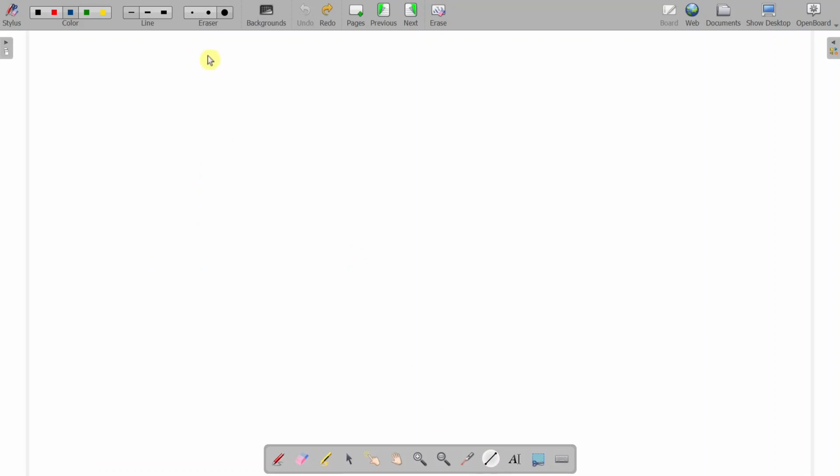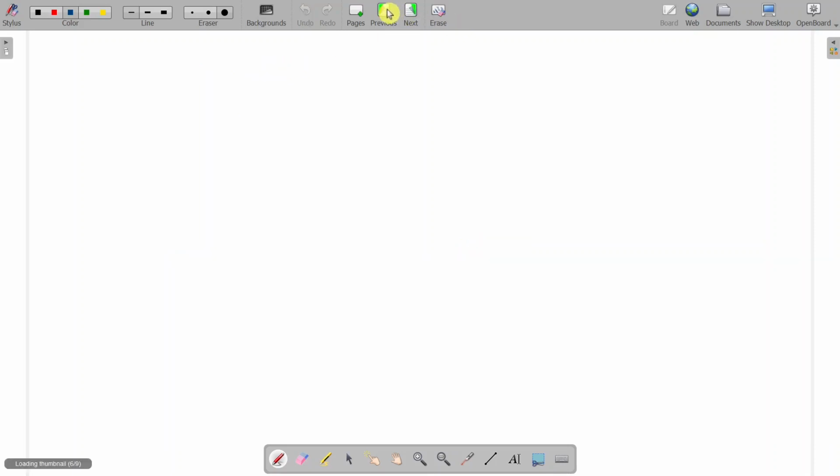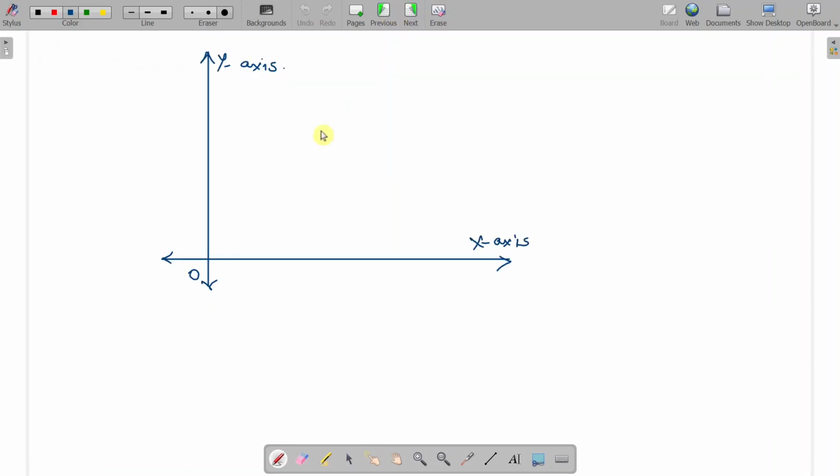So we have the y axis, x axis. Okay. So this is the origin, then this is the x axis, y axis, and then we have to take the points.